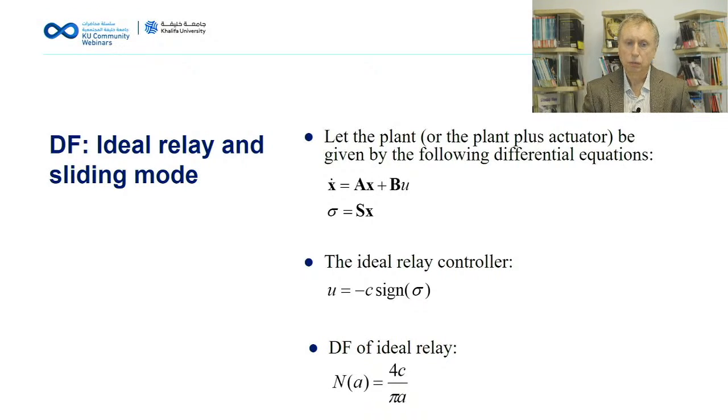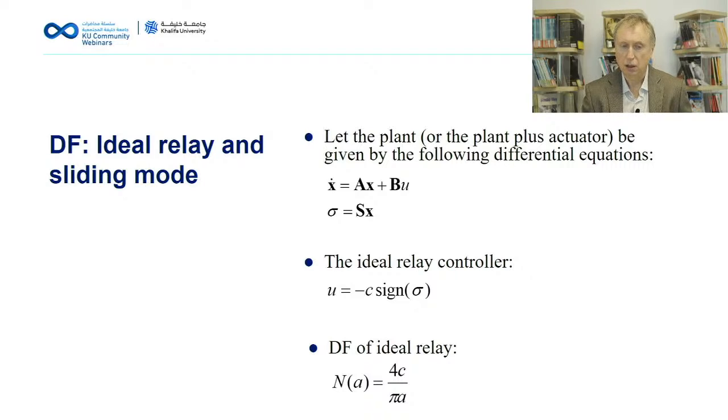So what is the relationship of all this with sliding mode control? Sliding mode control is usually, or very often, realized as a relay control, which is given by the second formula here. In this case, the plant is given by those linear equations in state space. And sigma here is the sliding variable, which is defined as the weighted sum of all the states of the system.